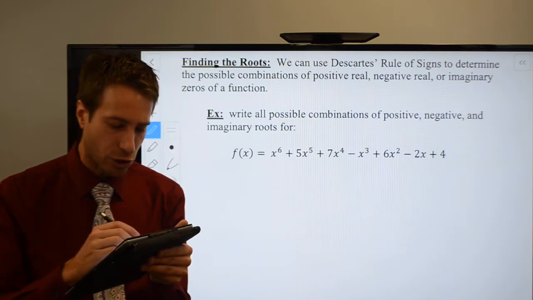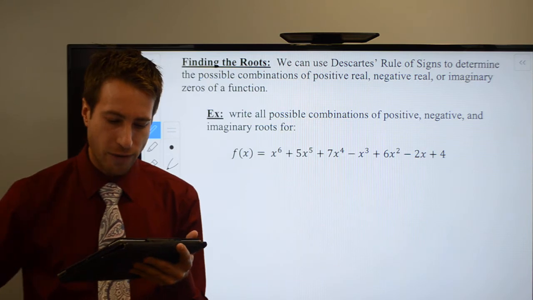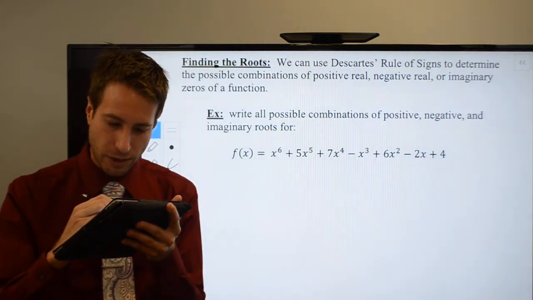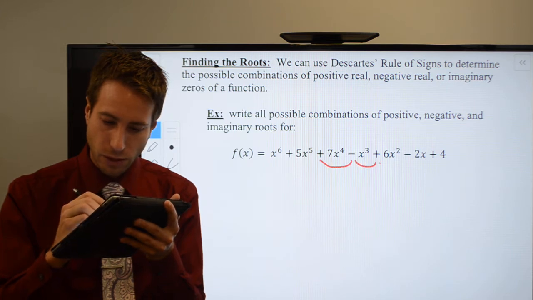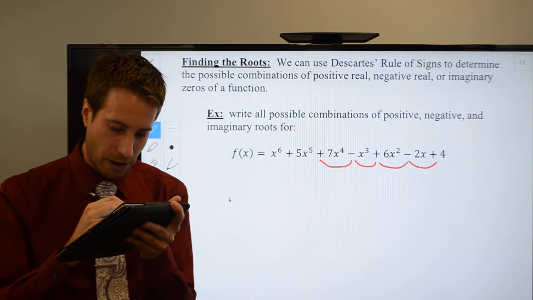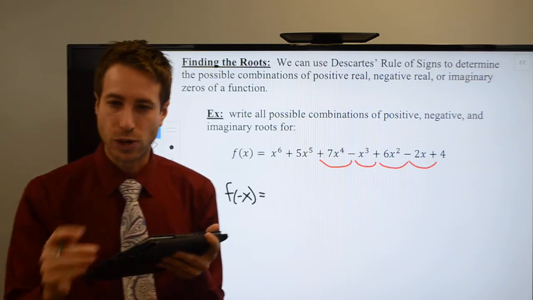We already have done a whole bunch of work. Let me catch up with where the rest of you guys are at. We've already said that the sign changes for the real positive roots are right here. There's 1, 2, 3, 4. And then I also had f of negative x. And again, this was on the last page.